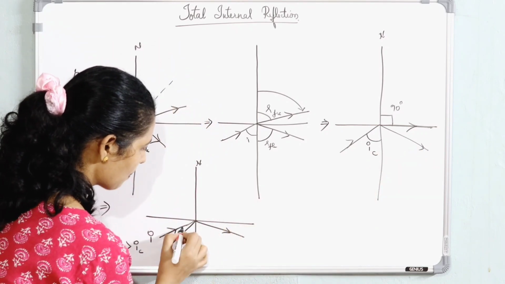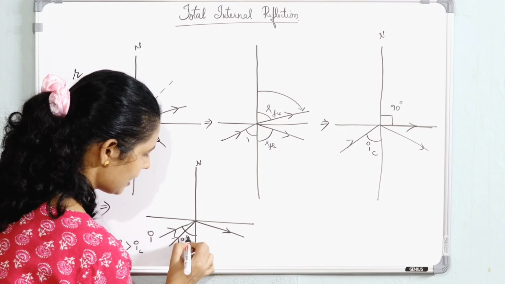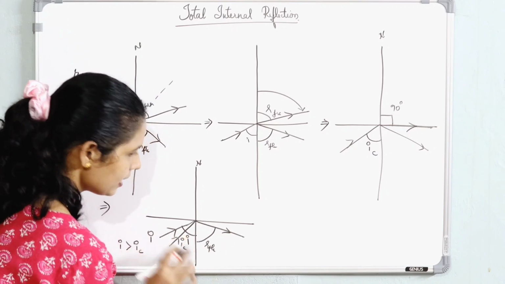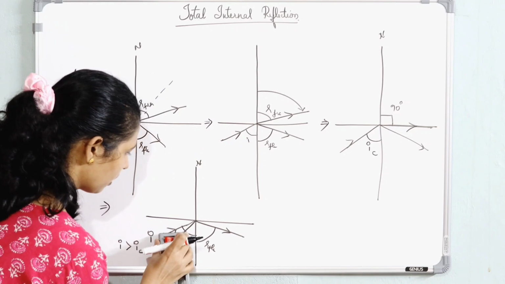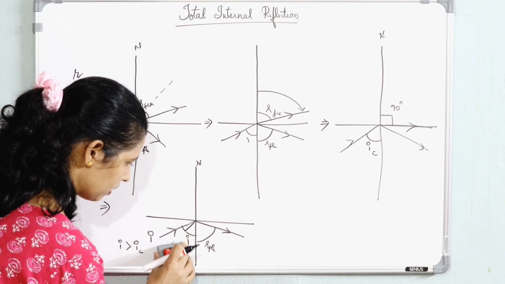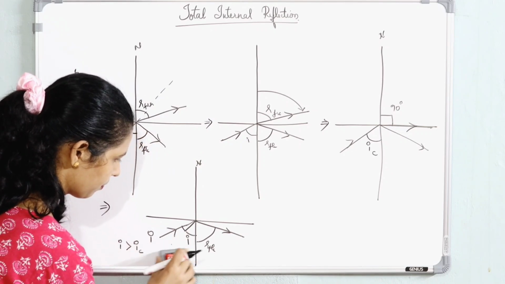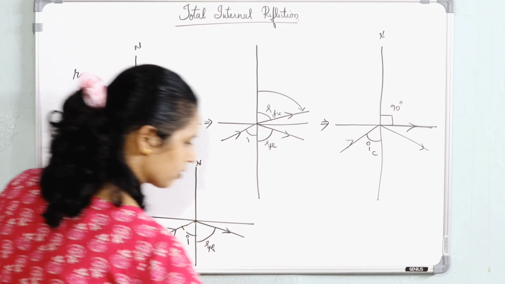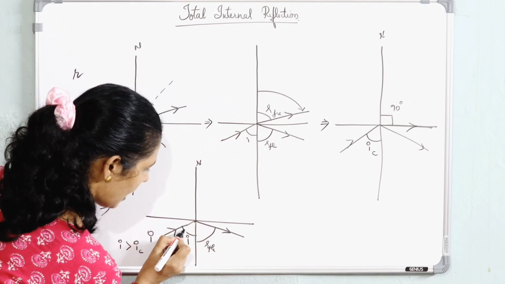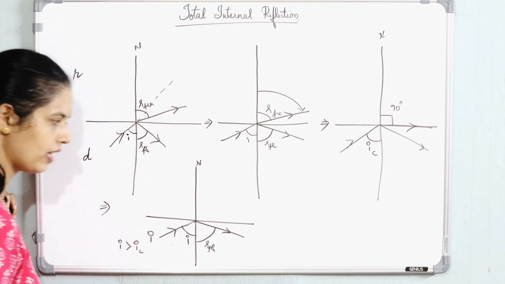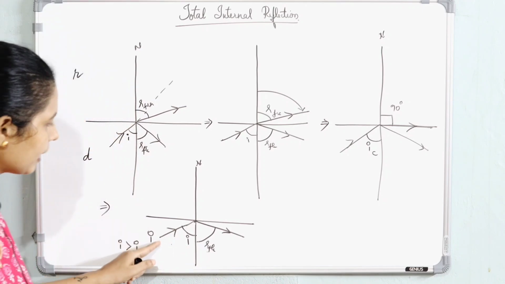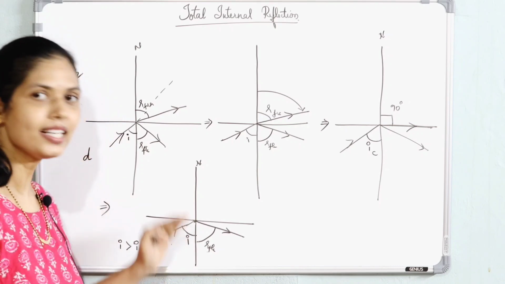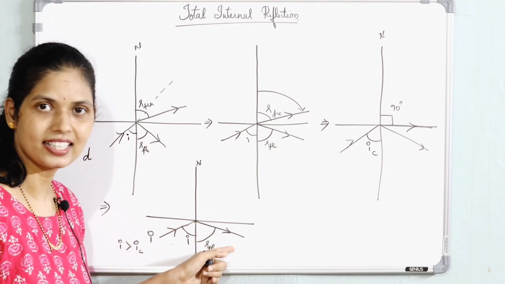So now this is the angle of incidence and this is the angle of reflection. As you can notice here, all the light rays which are incident are reflecting in the same medium.